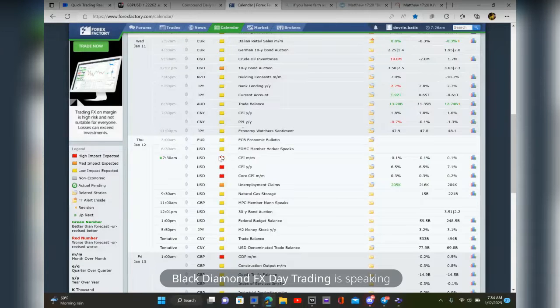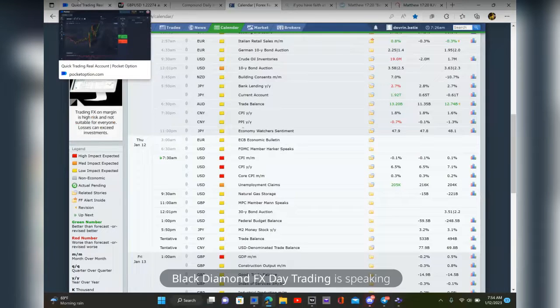This is especially important when you're trading binary options and it's not over the counter, because keep in mind, when we trade binaries, we're only in the trade for a few minutes. So these red folders are going to be more impactful.